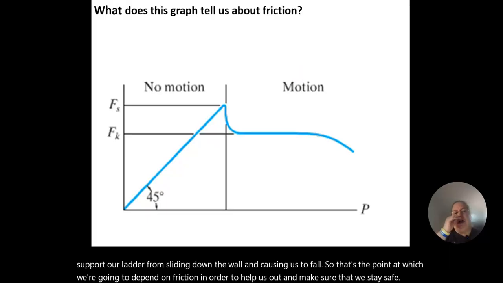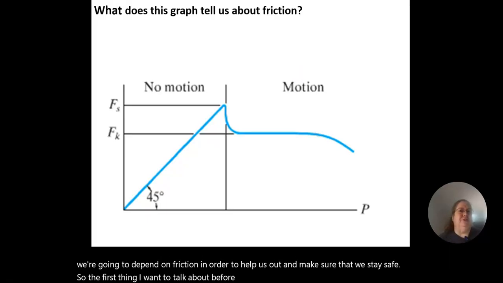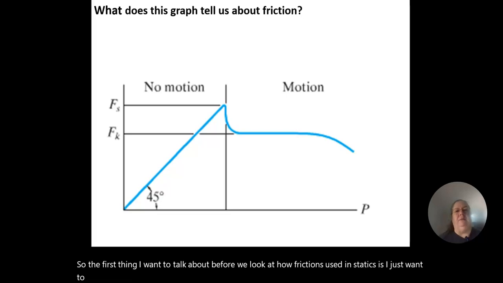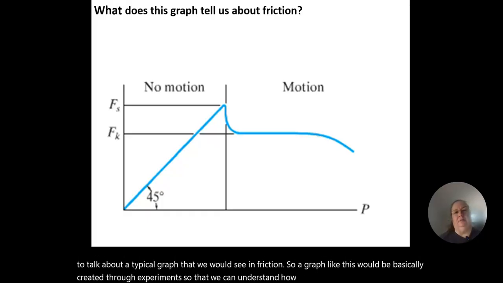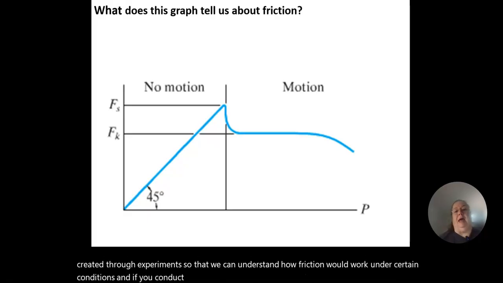So the first thing I want to talk about before we look at how friction's used in statics is a typical graph that we would see in friction. A graph like this would be basically created through experiments so that we can understand how friction would work under certain conditions. And if you conduct enough experiments, you start to see a similar pattern.